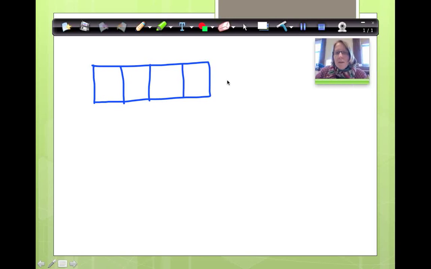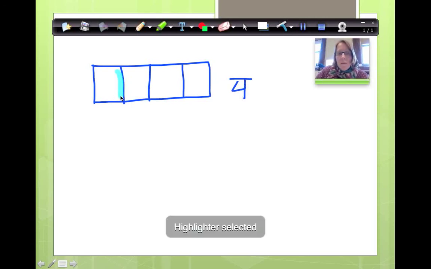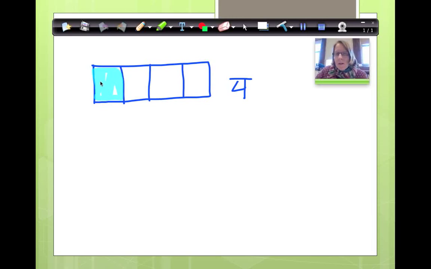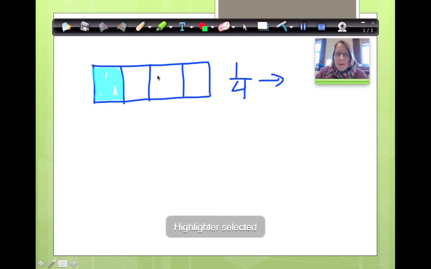One of these is colored in. All right? So now, what is my fraction? 1/4. Okay, now I'm going to do some copying again. This time, I'm going to copy it over here, and I'm going to copy it over here. Now what's my fraction? It's still divided into 4 pieces, but now I have 1, 2, 3 copied. Whoops. So now my fraction is 3/4.